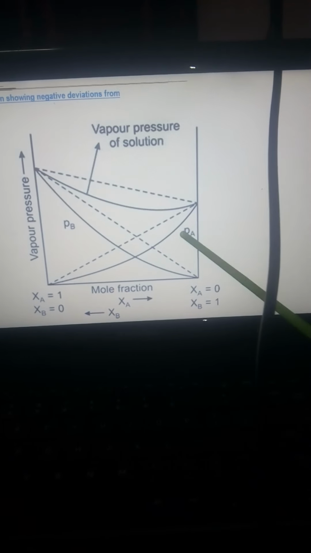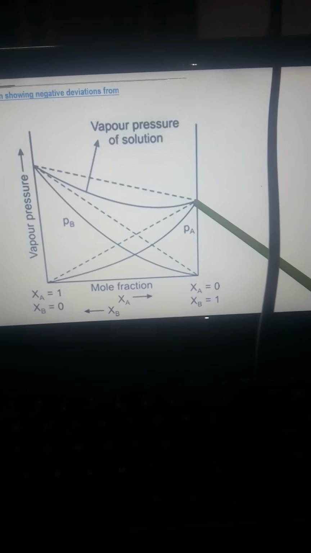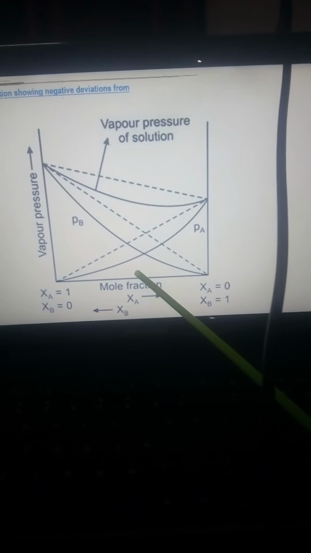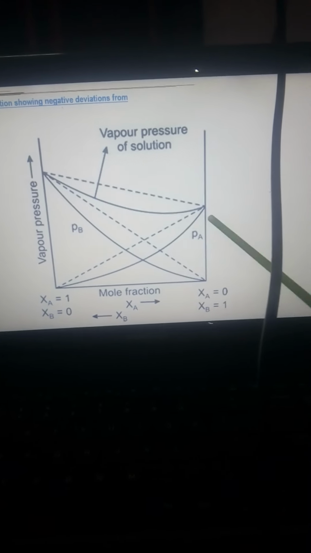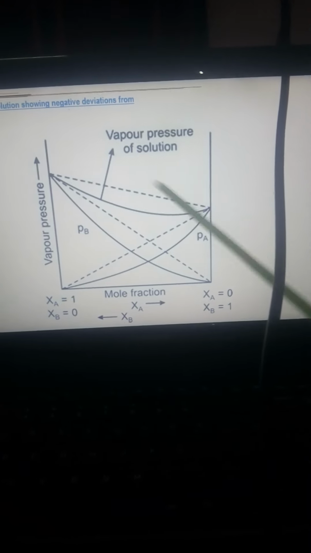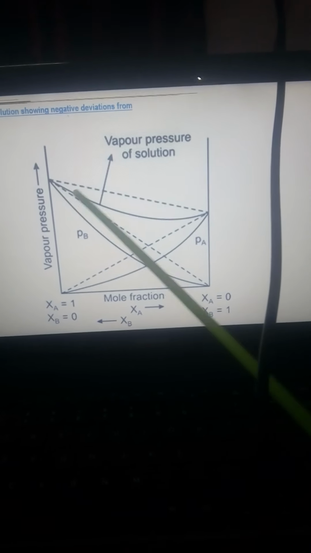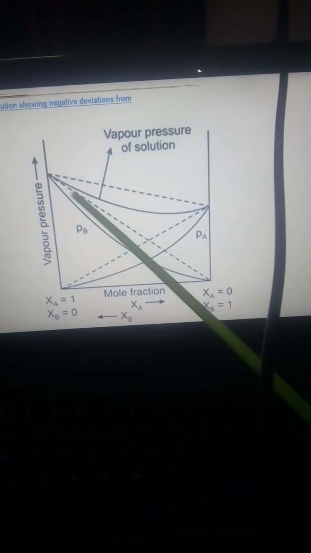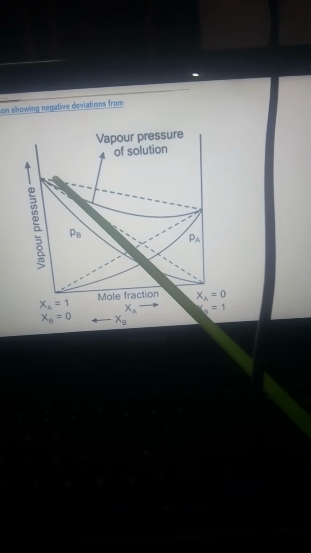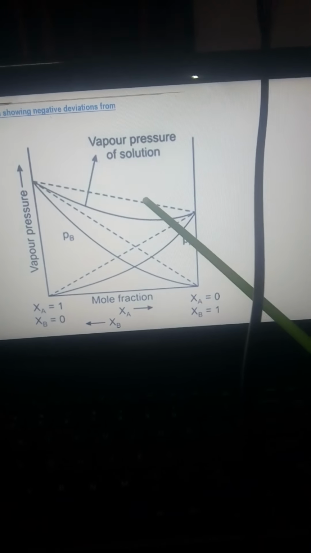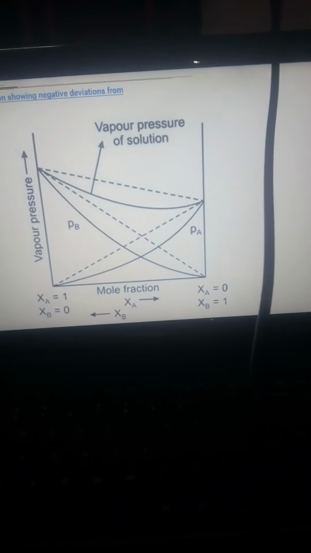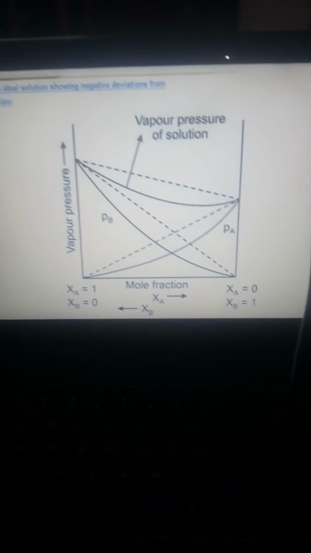But it is also lesser than the ideal situation. In that case we call it a negative deviation. So whenever we join these two, we get the vapor pressure of the solution. In case of the negative deviation, the vapor pressure of the solution is lesser than the vapor pressure of the solution shown by Raoult's law. So that is the negative deviation.